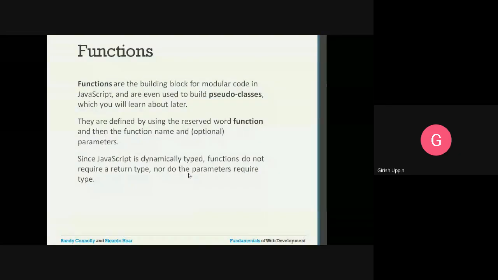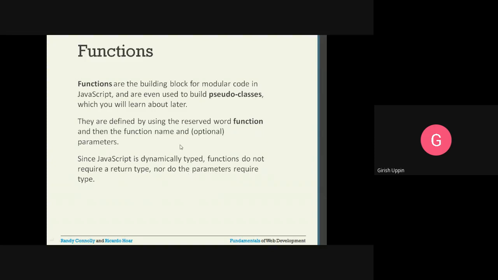Functions. Functions are the building block for modular code in JavaScript. So functions are used for one biggest reason, to make your project, your application modular. What is modular? You can have your project or the application divided into different modules, and that modular structure can be brought using the functions.